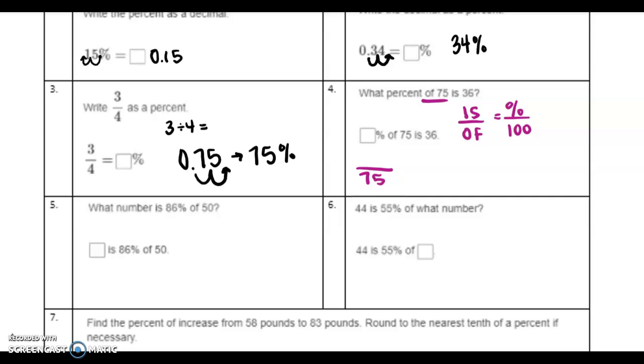Is 36, so 36 goes on top of our fraction, is going to be equal to something over 100. So we're just going to put a letter up there. You can use P, you can use X, whatever you want. And then we multiply diagonally, and then we divide by our third number. So when we do this, we get 48%.